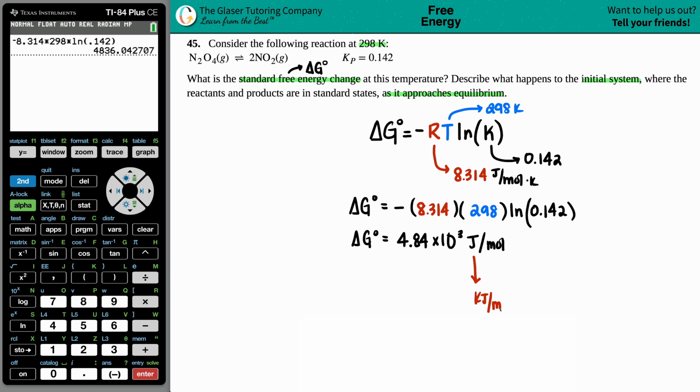Or similarly, take the decimal, move it over to the left 3 spots. I still have to put up my hands in the L's to see which one is the left. So this would be 4.84 kilojoules, or 4.84 times 10 to the third joules. Delta G equals.